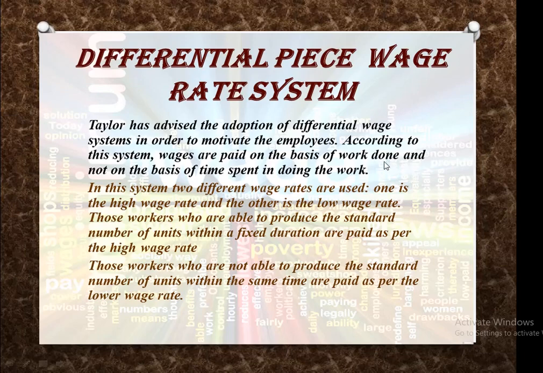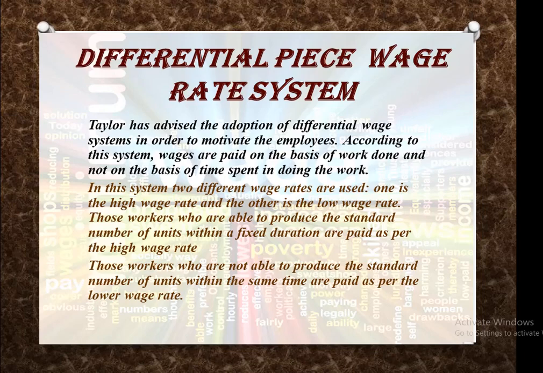Now I am taking the example. If the standard target is 10 units per day and standard rate is 50 rupees per unit, the worker who is producing 10 units must be paid 500. The worker who is producing 12 units must be paid with a higher rate than the standard rate, say 60 rupees per unit. So he will receive 12 into 60, that is 720 rupees.